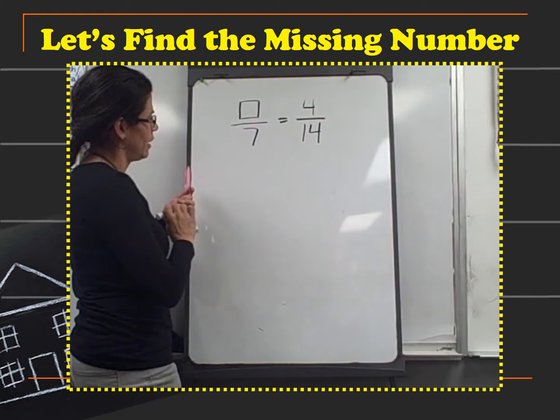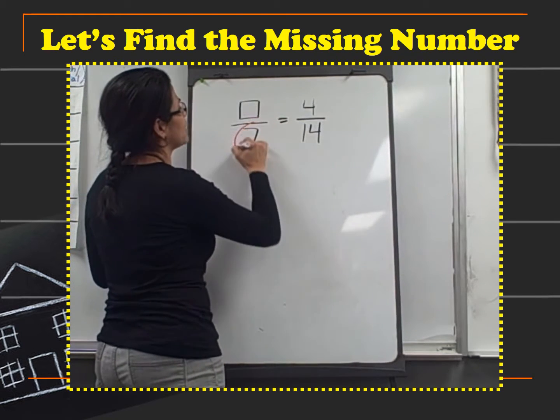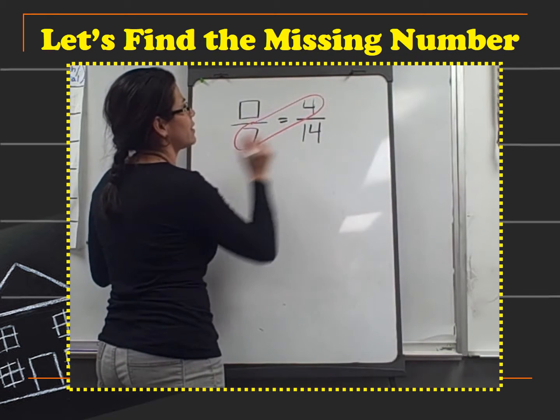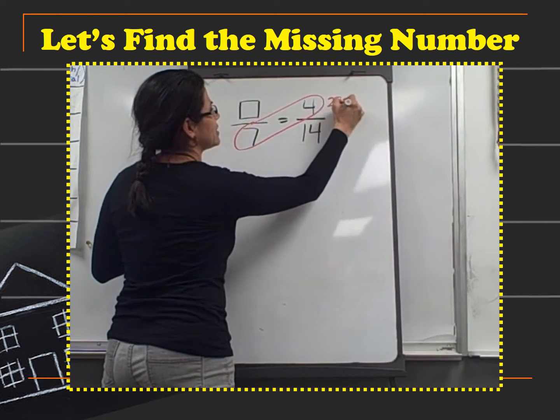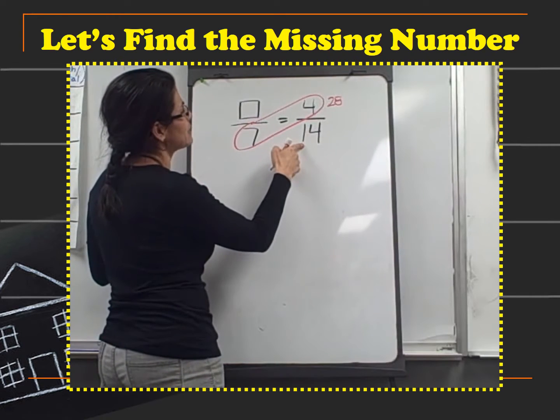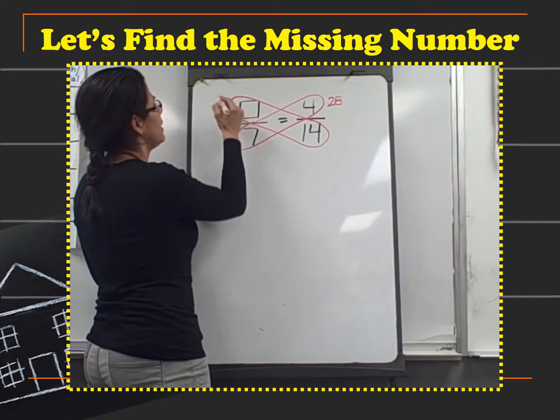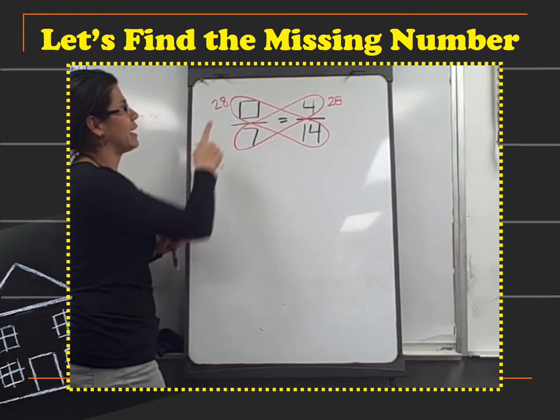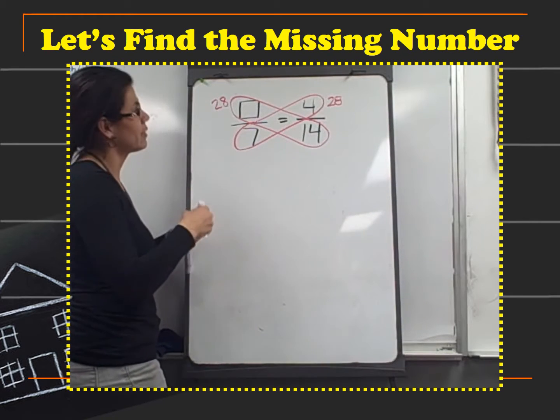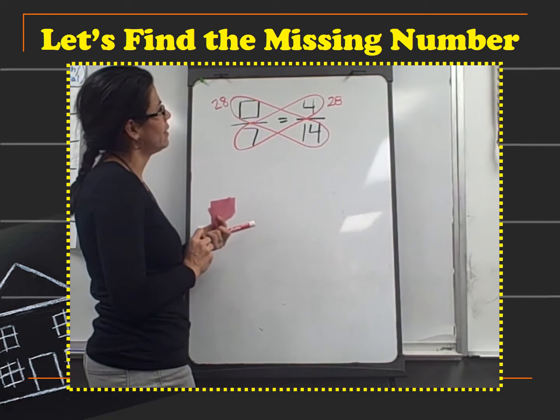Okay? All right, looking at the cross products, we can multiply 7 times 4, and we know that this is going to give us 28. Now let's think. 14 times what number there is also going to give us 28? What number could it be?